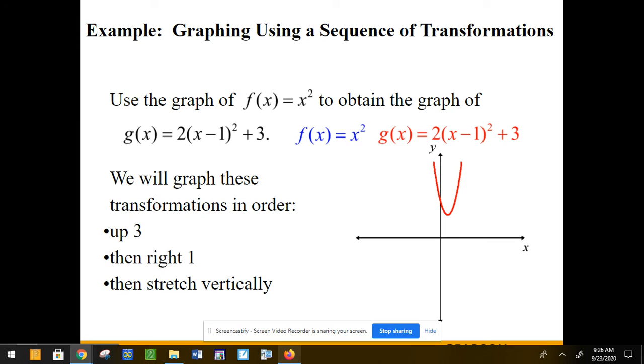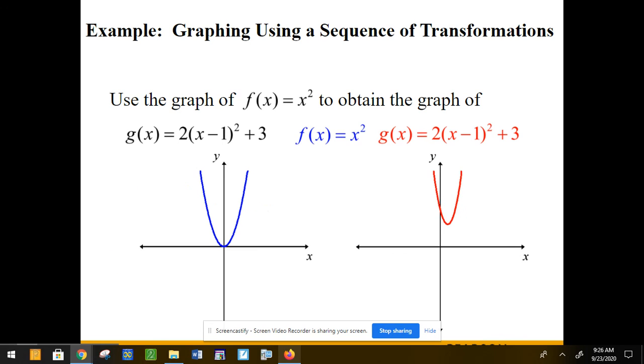Okay? And that would be the comparison between the basic parent function of f of x equals x squared and the graph of g of x equals 2 times x minus 1 squared plus 3.